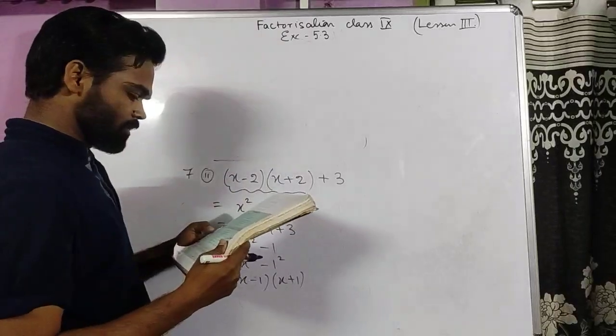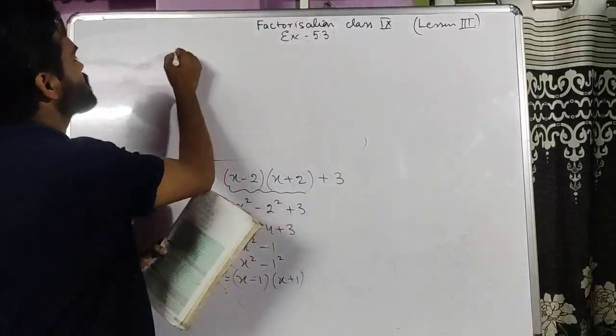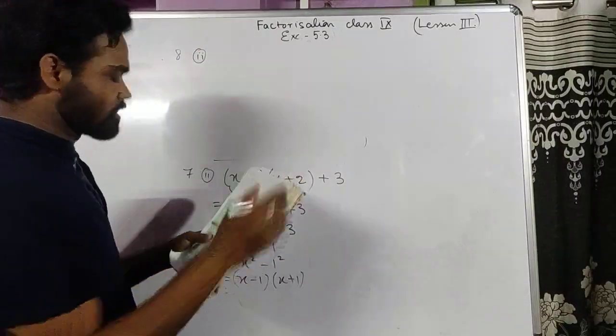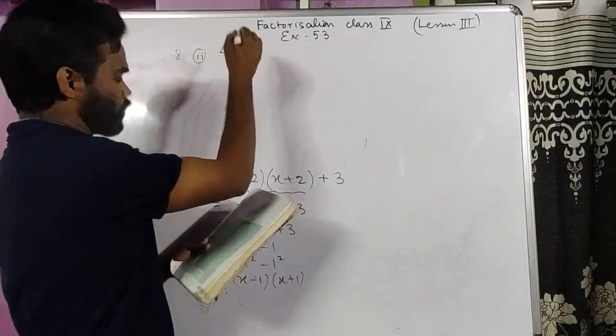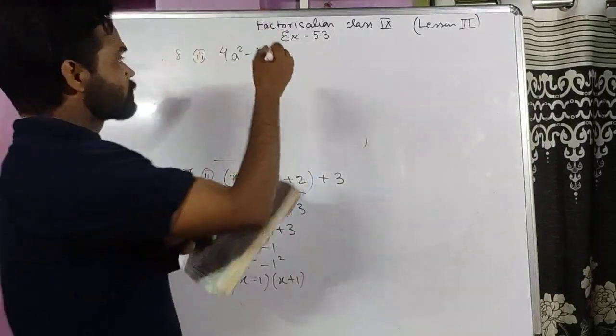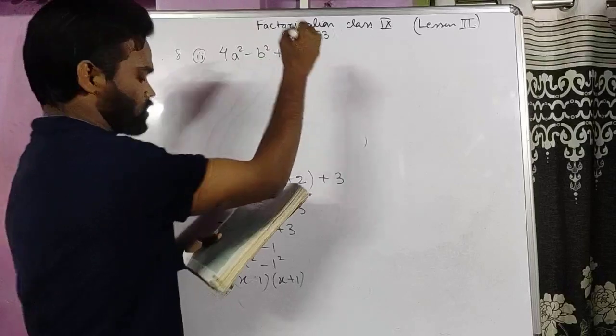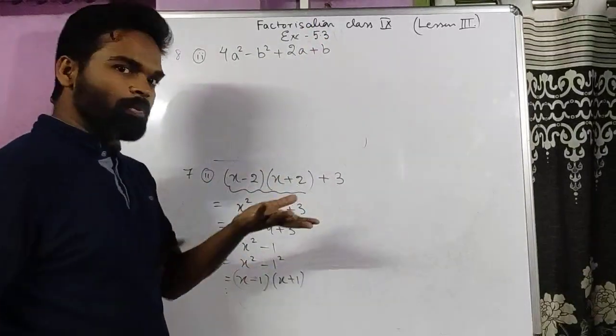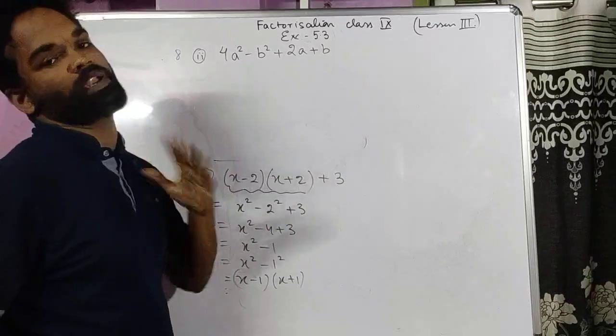Now we'll move to sum number 8 part 2. This is 4a square minus b square plus 2a plus b. Now we'll use grouping as well as the a square minus b square form.